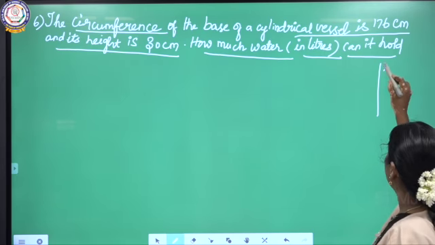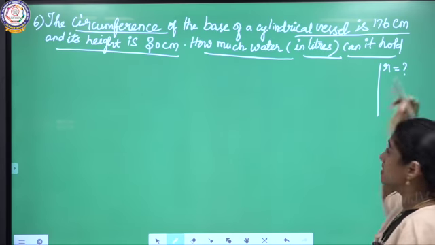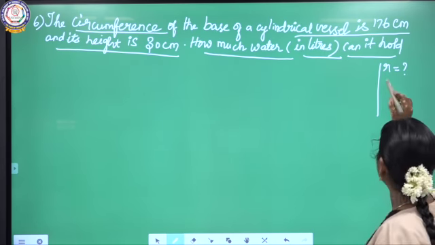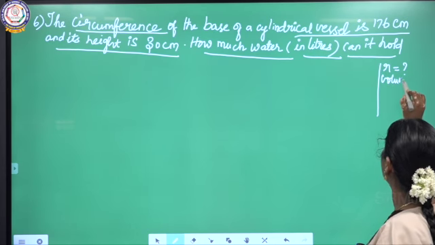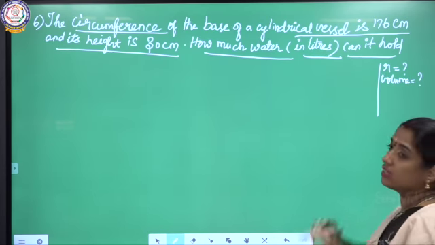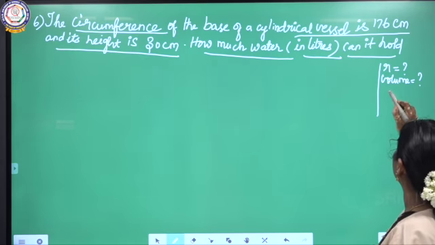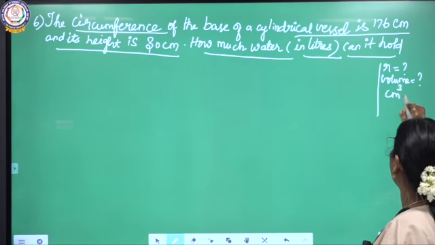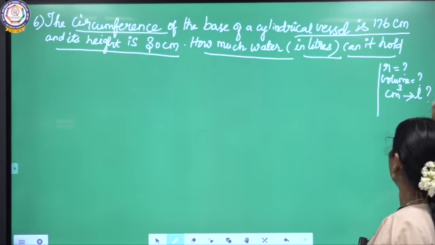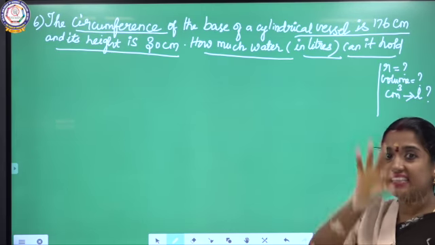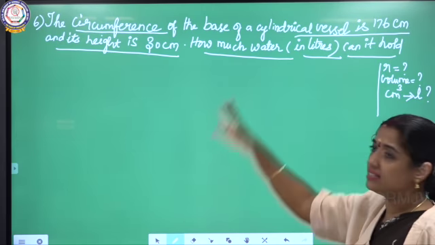The first step, I am going to find out the radius. As well, I am going to find out the volume. Last step, what is that? Meter cube I am going to convert into liter. So, these are the 3 steps I am going to do in this sum.